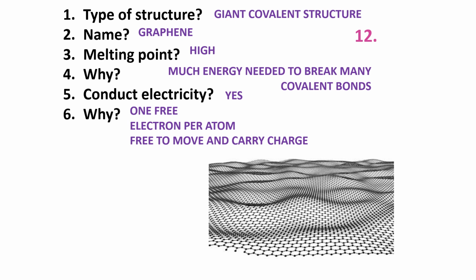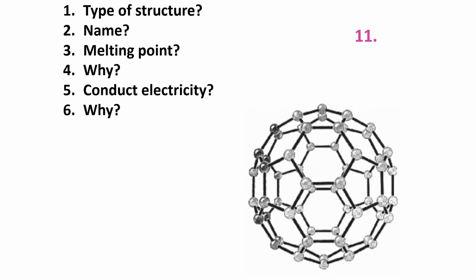Lots and lots of different covalently bonded substances. If you see a ball like this, it's C60, you can see it's a ball of hexagons and pentagons. Okay, type of structure, it's a molecule. We're going to call it Buckminster fullerene.